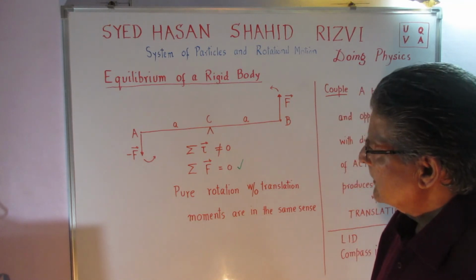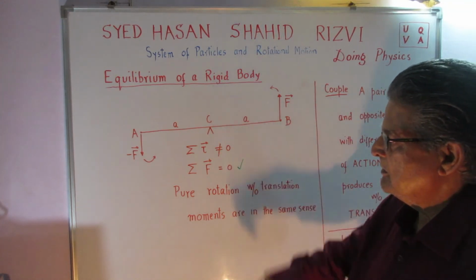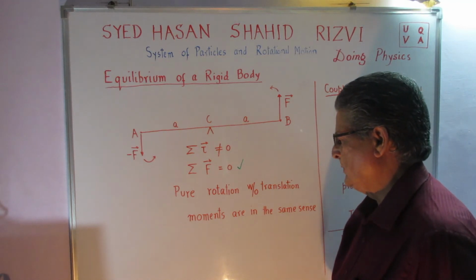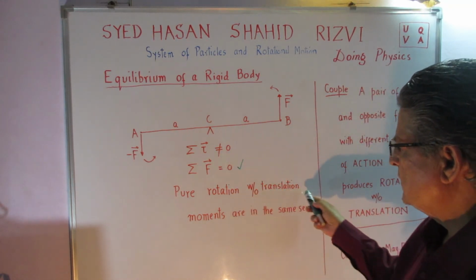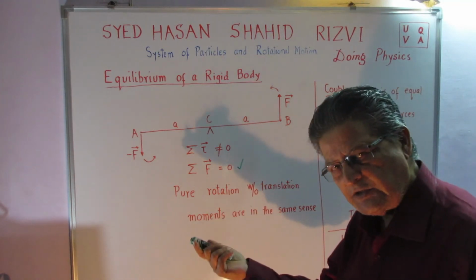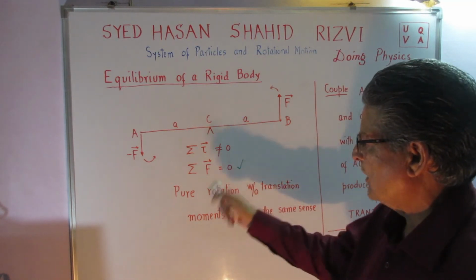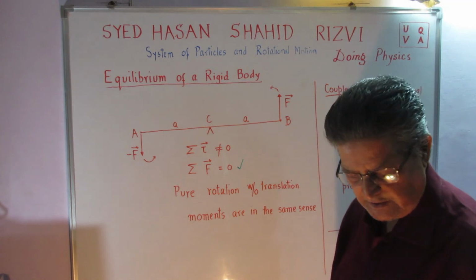Then I have dealt with partial equilibria, where, like in this case, there is pure rotation without translation. In the other case, I have pure translation without rotation, etc.